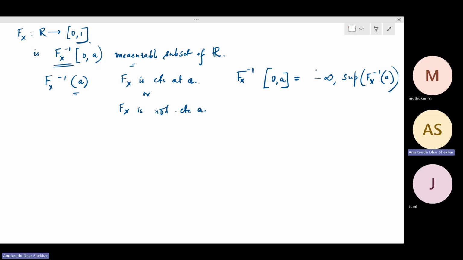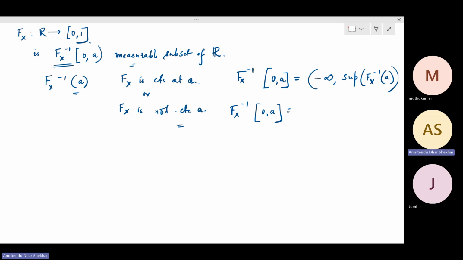And if F_X is not continuous at a, then F_X inverse of (0, a) is this.